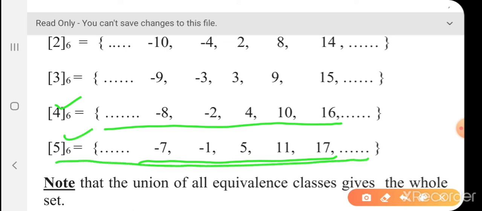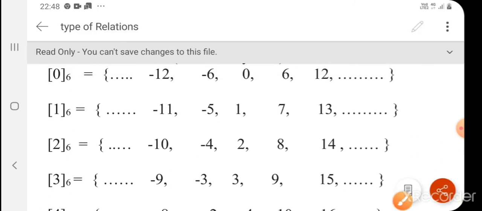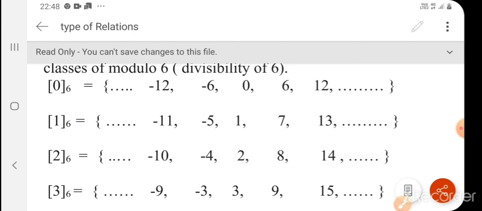Now take the 0, 1, 2, 3, 4 and 5 equivalence classes and take the union of these. That gives the complete set Z, the set of integers. And all these equivalence classes are pairwise disjoint. The 1 equivalence class is disjoint with 0; no element is common.